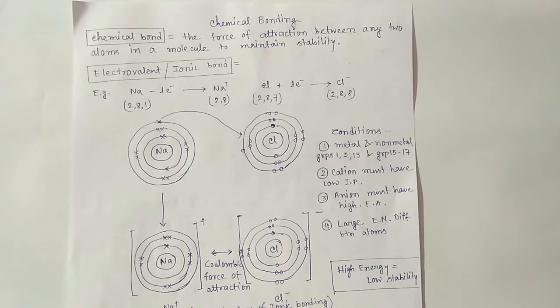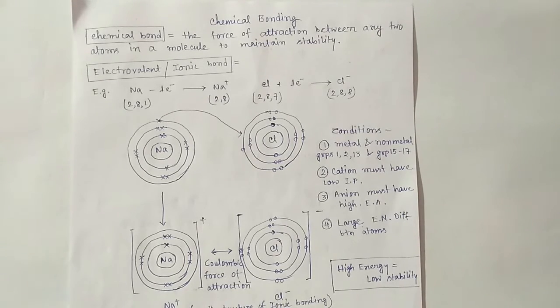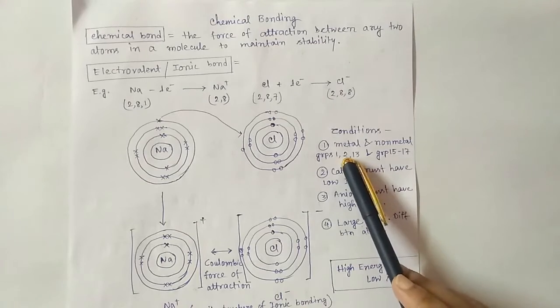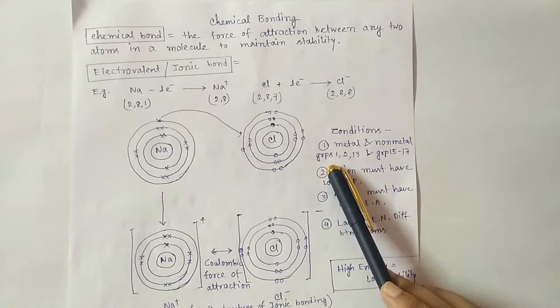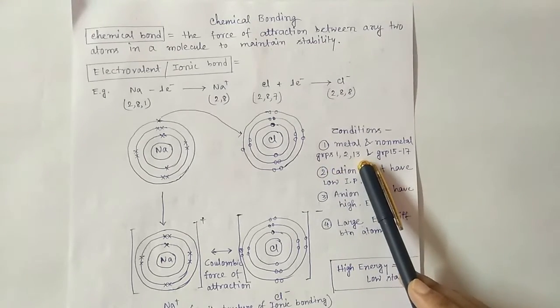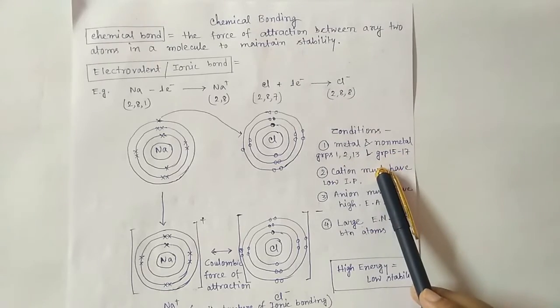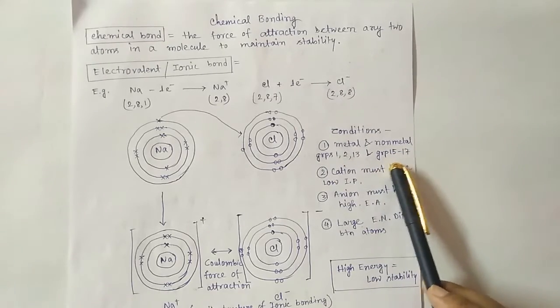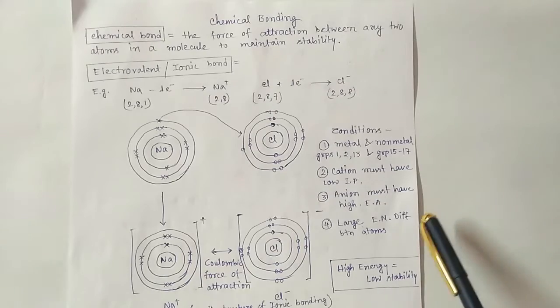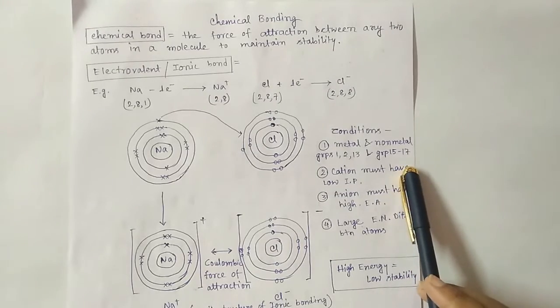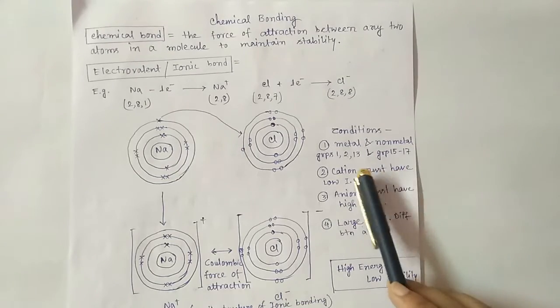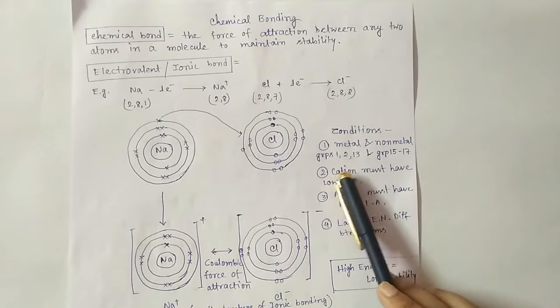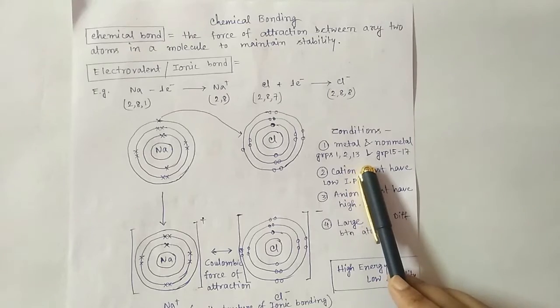I also want to say that an electrovalent bond or ionic bond is generally formed between a metal and a non-metal. Metals are the groups 1 to 13, and non-metals are groups 15 to 17, because groups 15 to 17 are generally non-metals with more non-metallic character, while metals of groups 1 to 13 have metallic character.